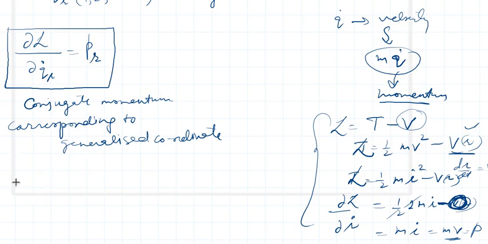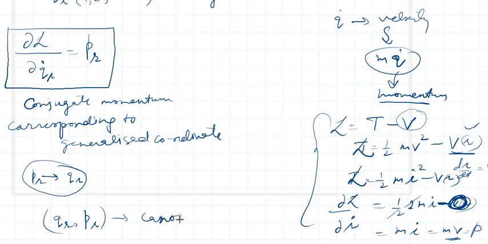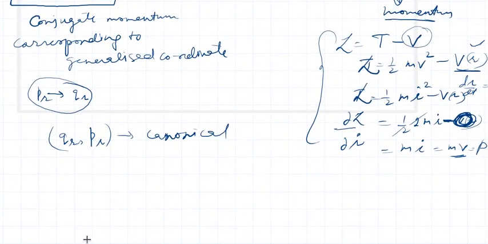So now the pair, because pr is somehow related to qr, this pair qr comma pr is called a canonical conjugate pair of variables, right?